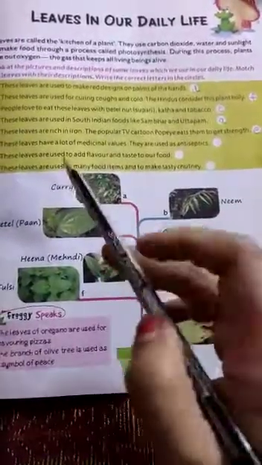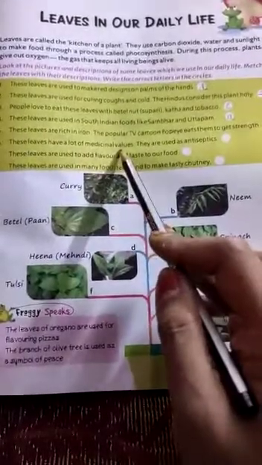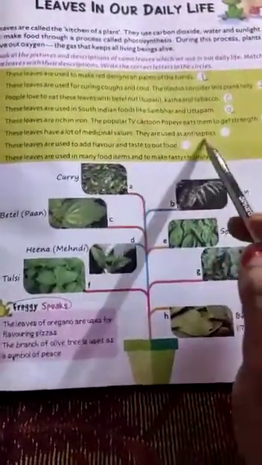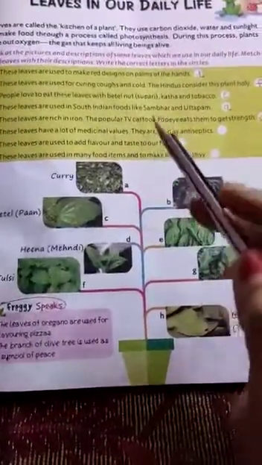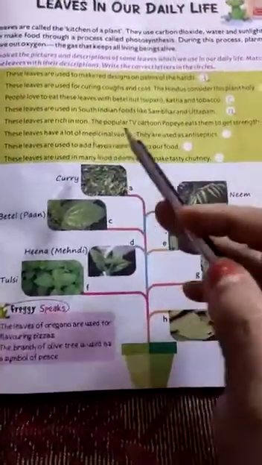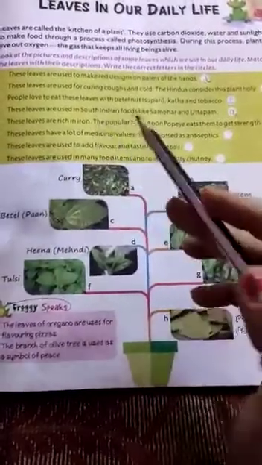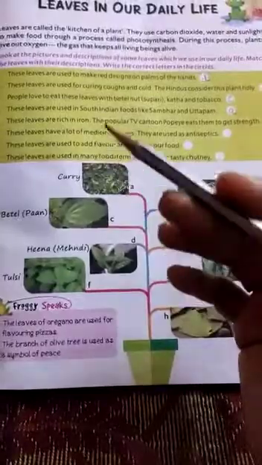Okay. Now, these leaves have a lot of medicinal values. They are used as antiseptic. It means these are used as medicines. The part of this tree has lots of medicinal value and is very beneficial for our health.